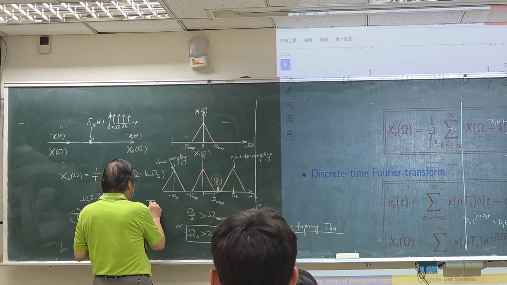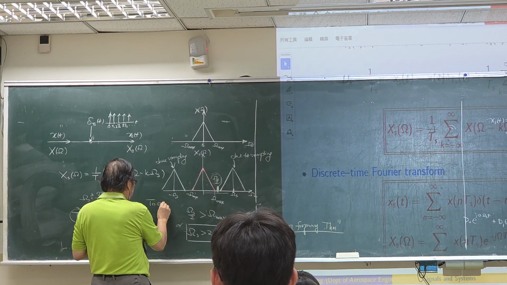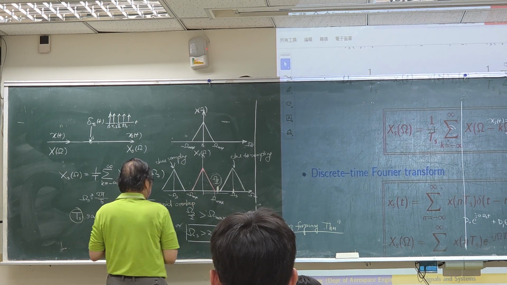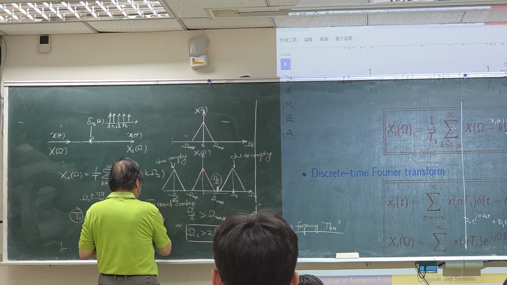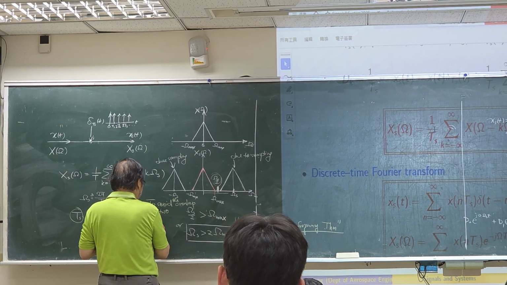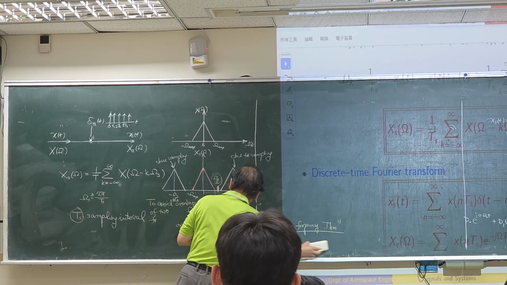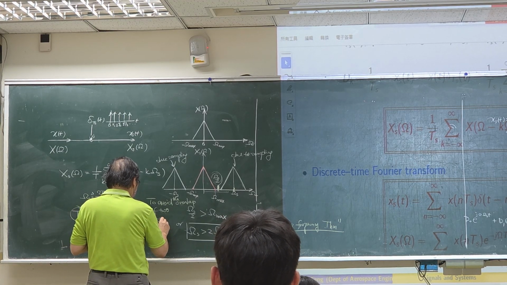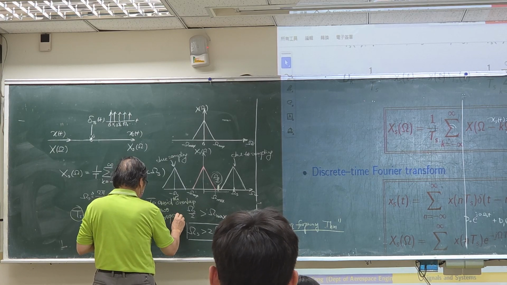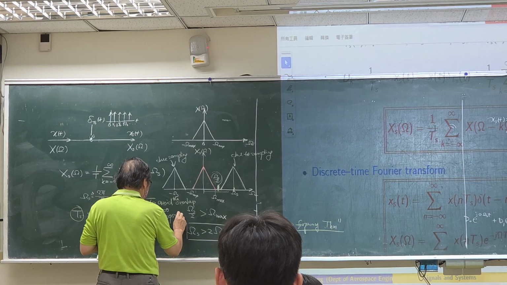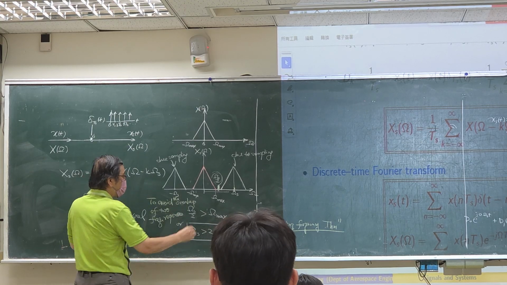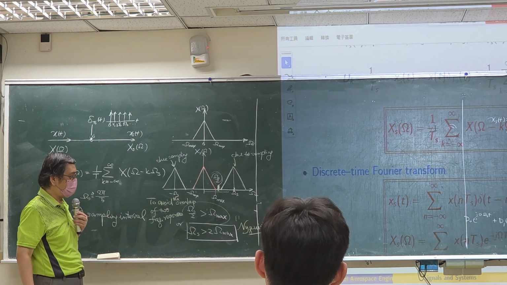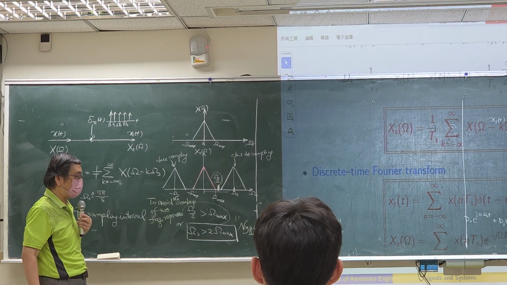So to avoid overlap of two frequency responses, or two spectrums of frequency response, we need this omega s, the sampling frequency, to be greater than or equal to 2 times omega max.